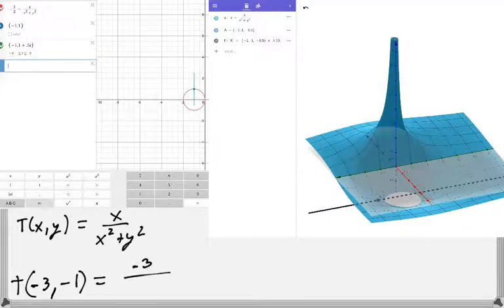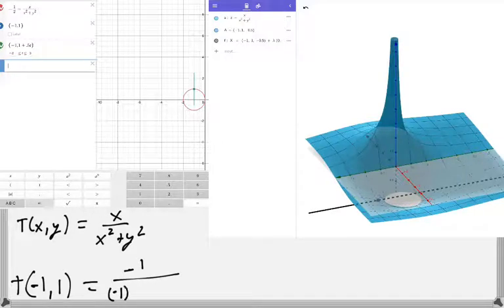So -3 over -3 squared plus -1 squared. Maybe this is a different example. I think I'm doing a different point here. So let's do it at a different point. I'm going to do the point -1, 1. So -1 over -1 squared plus 1 squared, which would be -1/2.